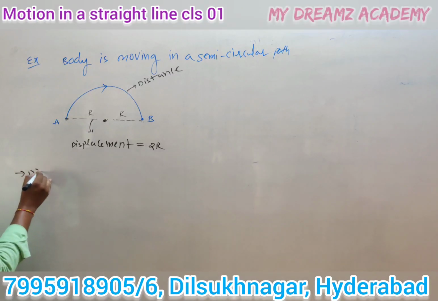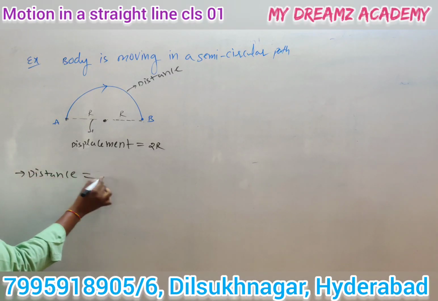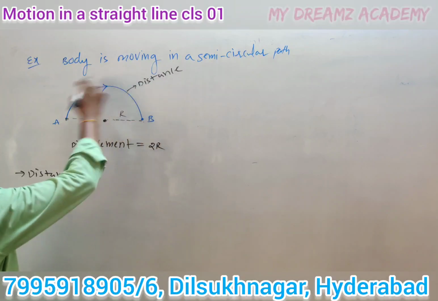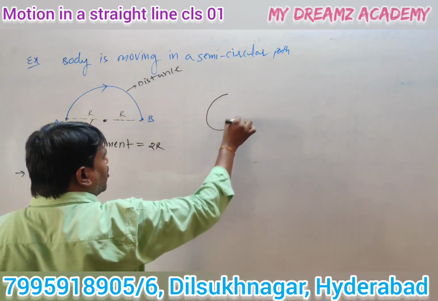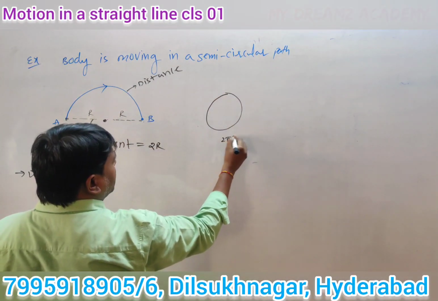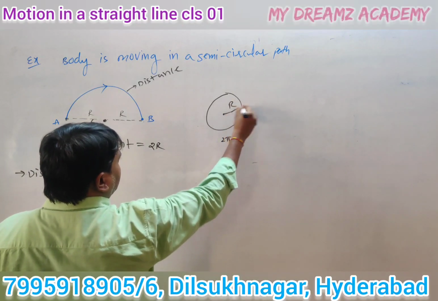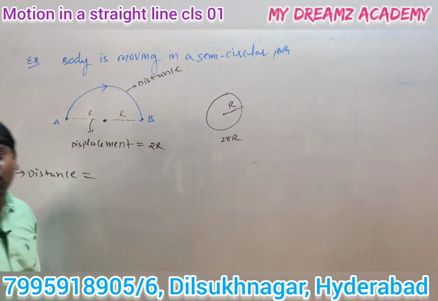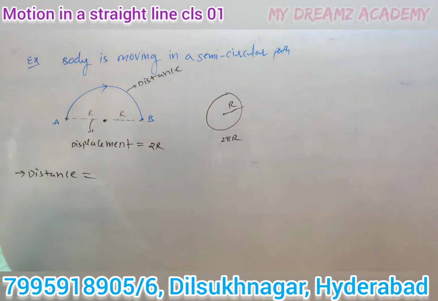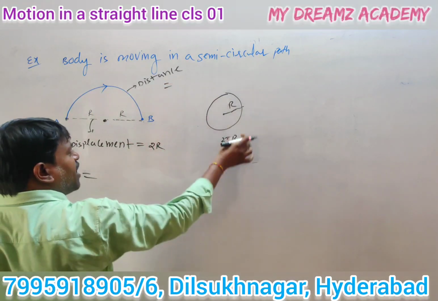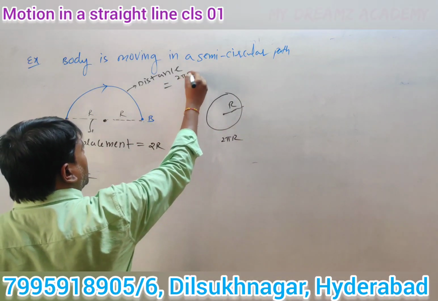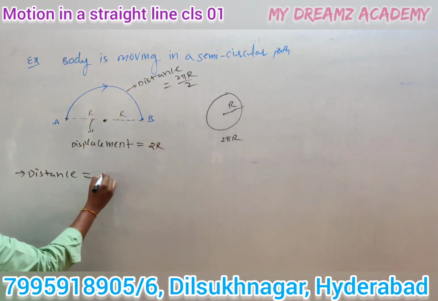Now what is the distance? Distance equals the total path length. For a complete circle, the total path length or circumference is 2 pi r. For a semicircle, the total path length is half of that, 2 pi r by 2, which is pi r.